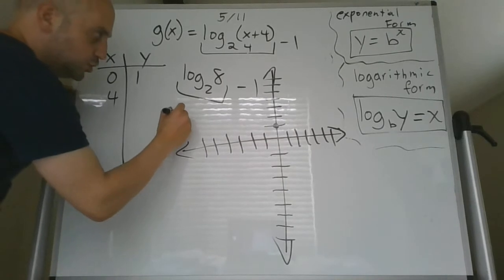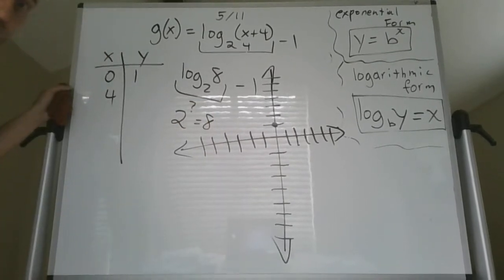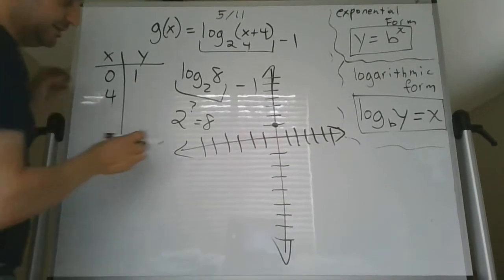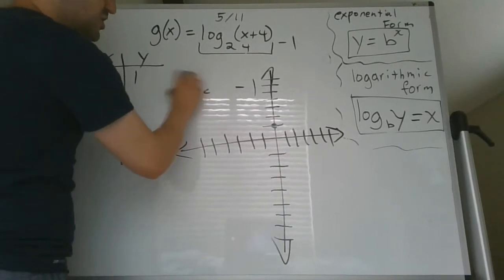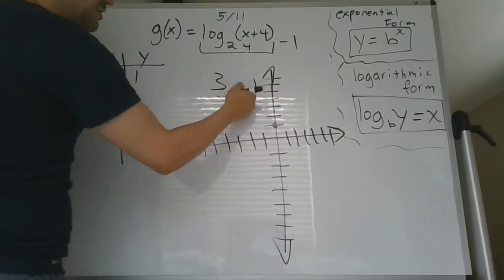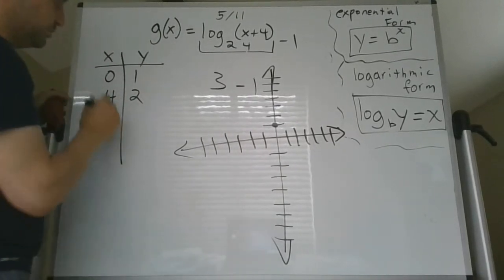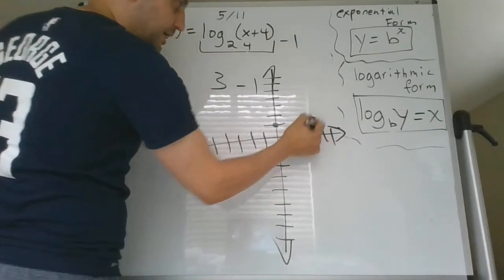That means 2 to the power of what is equal to 8? That is going to be 3. So log base 2 of 8 is just 3. 3 minus 1 is 2. So we have 4 comma 2. Absolutely wonderful.